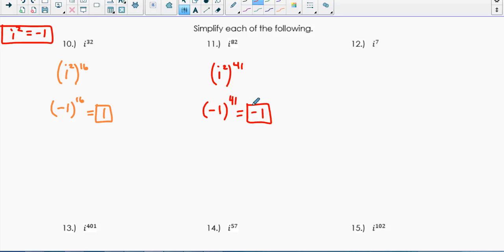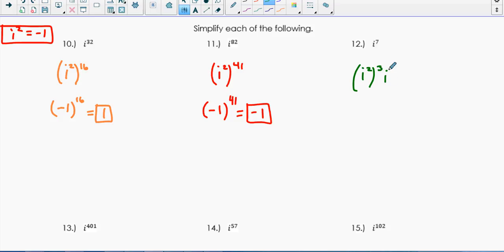Okay. Now let's look at something kind of close but a little different. If I have i to the 7th, I start the same way: i squared. Notice that I don't want to raise it to the 3.5 power, even though 3.5 times 2 is 7. What I'm going to do is raise it to the 3rd power. 2 times 3 is 6, with 1 more i left over. So i squared, raised to the 3rd, times another i.